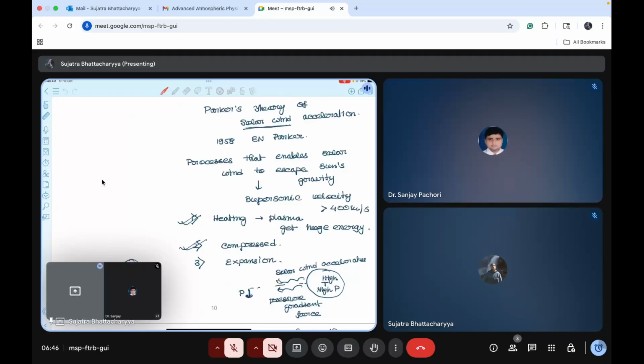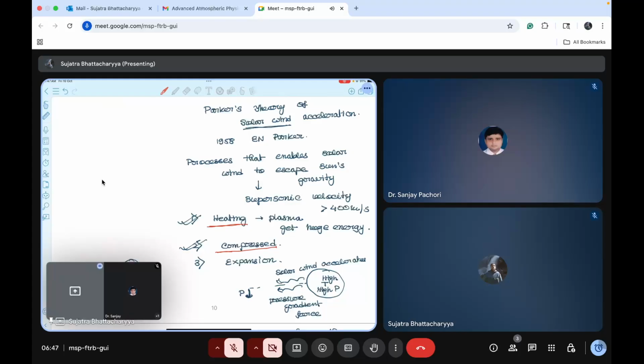People have seen, based on laboratory experiments or some observations, that the heating inside the sun and the strong pressure present within the sun, which is a compression kind of thing, give the plasma a huge amount of energy.